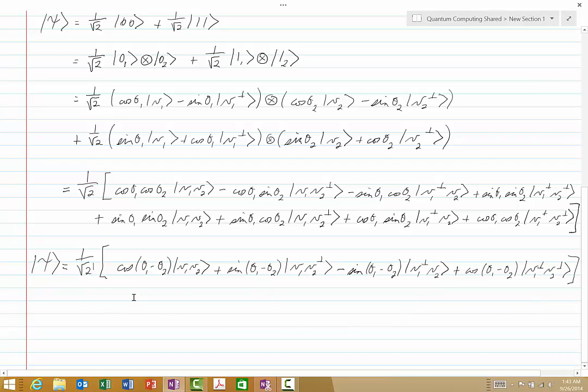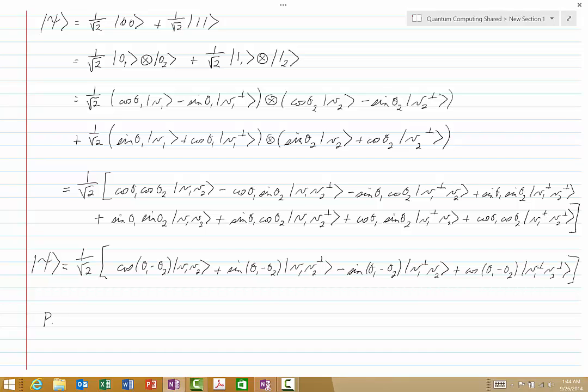And so what we see here is the probability that the two measurements, now remember that V1 and V2 are associated with the eigenvalues of +1, and V1 orthogonal and V2 orthogonal are associated with the eigenvalues of -1.